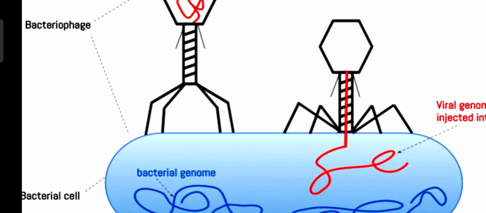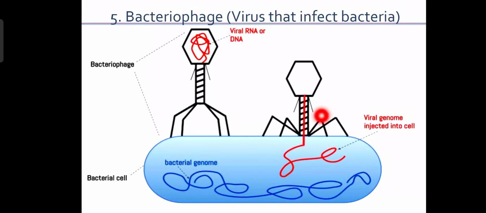Now this virus, after infection of the bacterial cell, pumps its nucleic acid into the bacterial cell. Here you can see the head is empty now. So this nucleic acid or genetic material of the virus is pumped into the bacterial cell. The viral genome is injected into the bacterial cell.